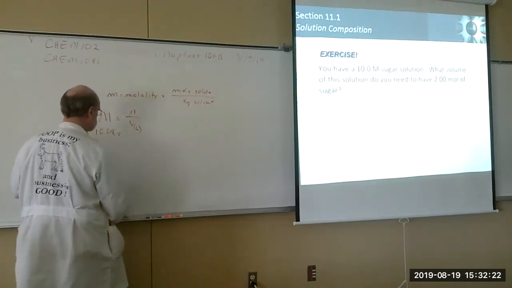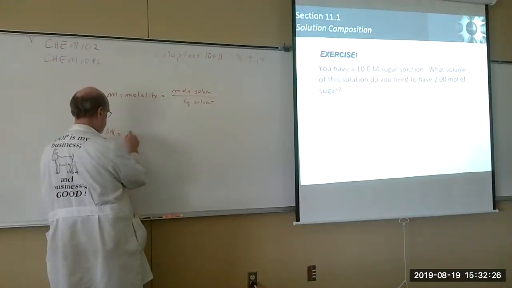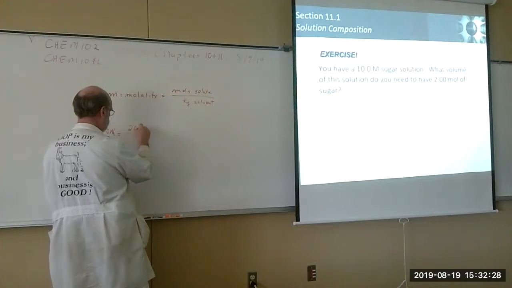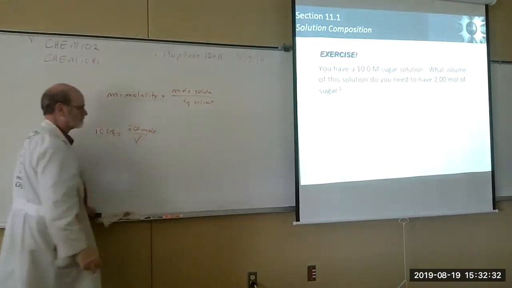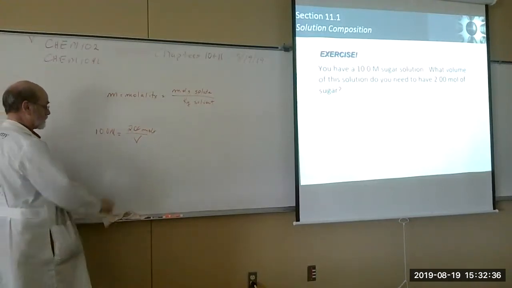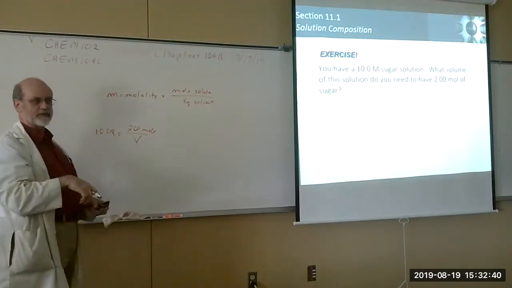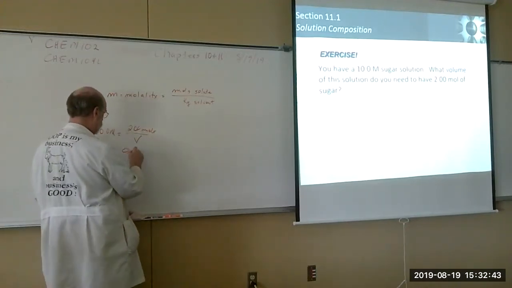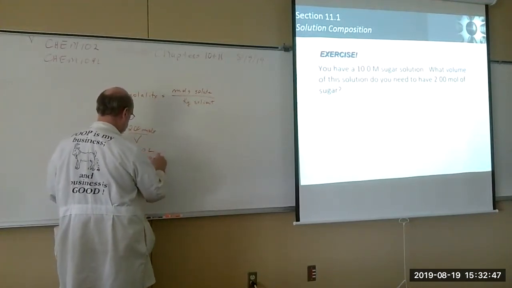So that's equal to 2 moles, and this is unknown. All right, so we just solve for this one. 2/10 is 1/5, 0.2, right? 0.2 liters or 200 milliliters.